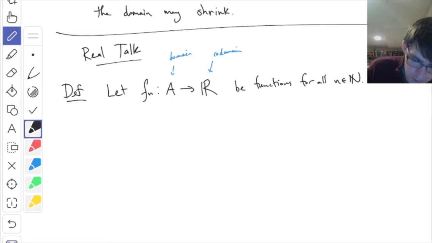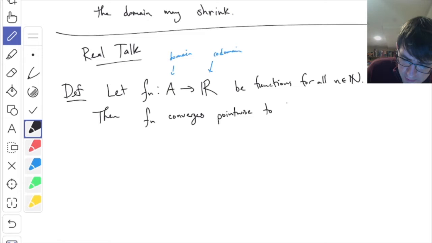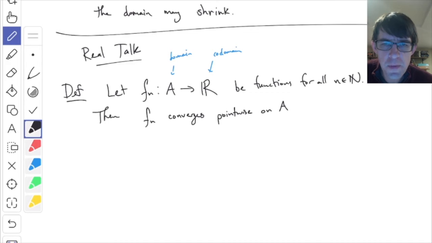And then we say Fn converges pointwise to f of x, some other function. Sorry, can I squeeze in another word there? Pointwise on A. It matters what set you're talking about. In the previous example, we saw that too.